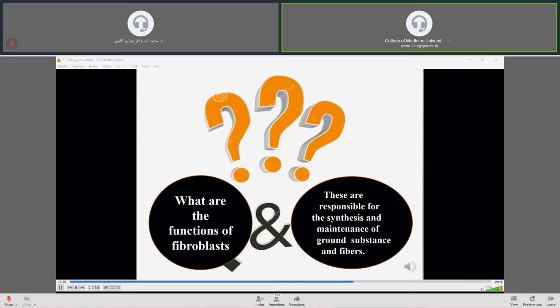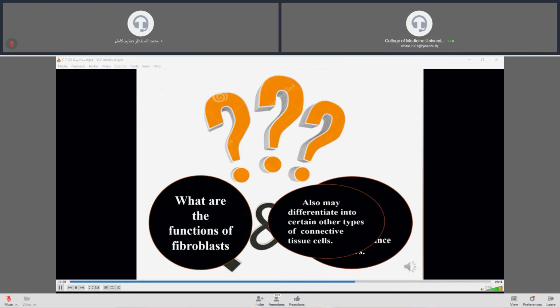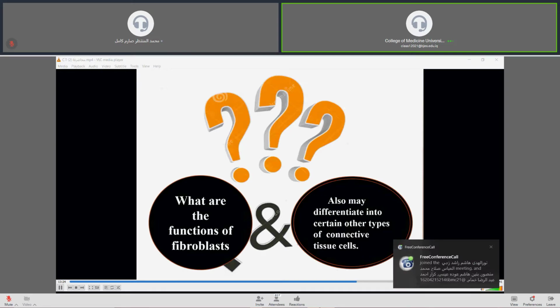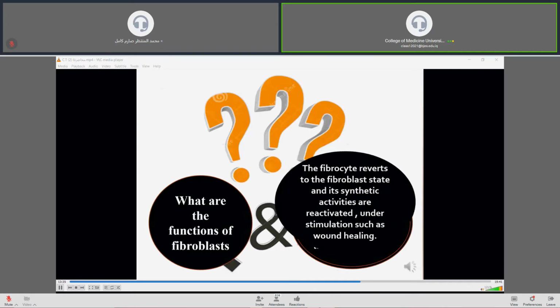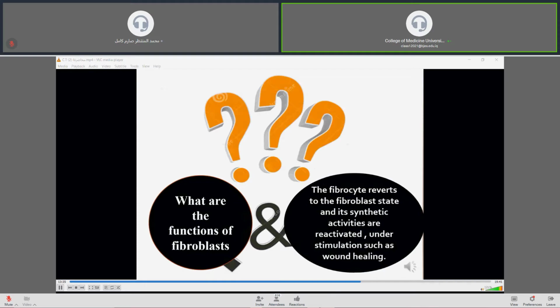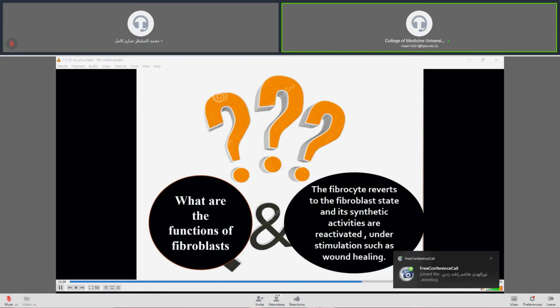Also, they can differentiate into other types of connective tissue cells when needed. Fibrocytes can revert to fibroblasts and their synthetic activities are reactivated under stimulation such as wound healing.